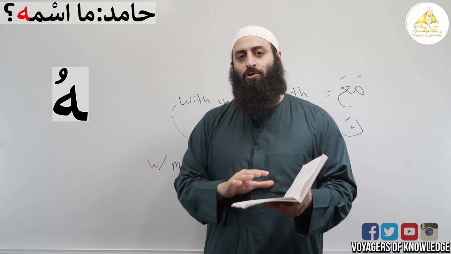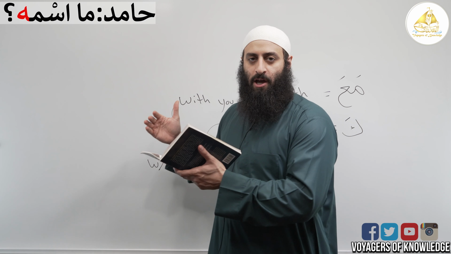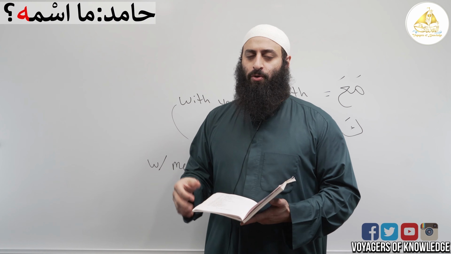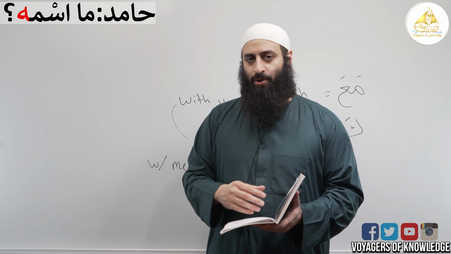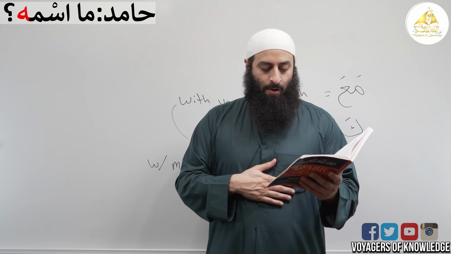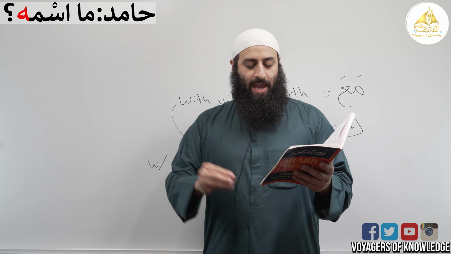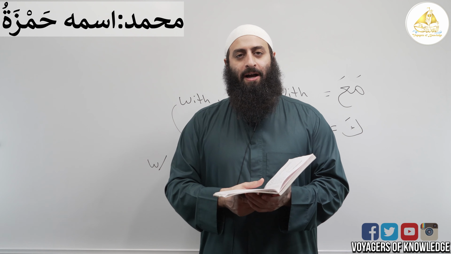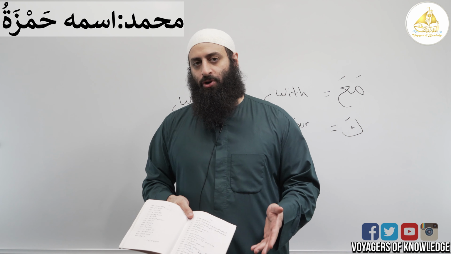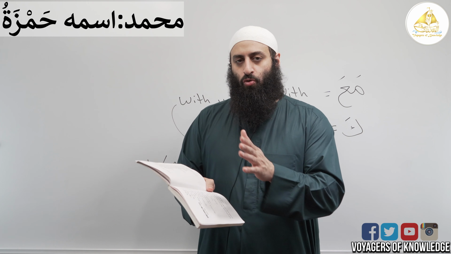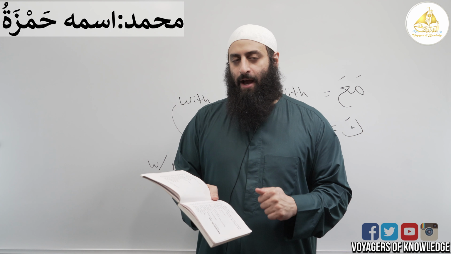And you got to look at your book and follow along with your book. And that saves us time from always having to rewrite things, because we want to get through as much as we can, inshallah. What is his name? Ismuhu Hamzatu. Ismuhu Hamza. If you look at the word Hamza, or if you first, Ismuhu, his name, Hamza.